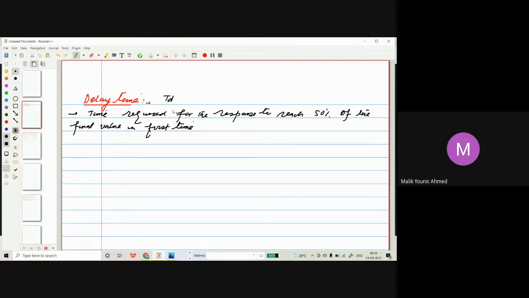For example, if we consider the delay time by setting the response to 0.5, that means 50% of the final response, and we start solving for t, it will be very difficult for us to find the expression. So analytically, it is not possible.